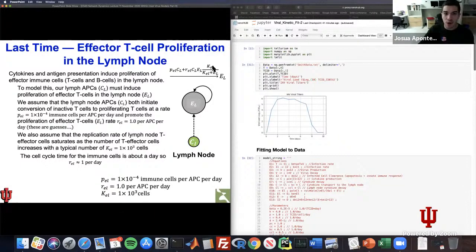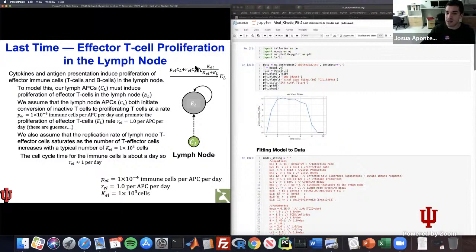And then the other term is a bit more complicated, but basically, you see that it's dependent on the number of effector cells. That implies that the rate of increase of the effector cells is dependent on the number of effector cells that I have, which means that they're replicating. But they're replicating only in the presence of cytokine.